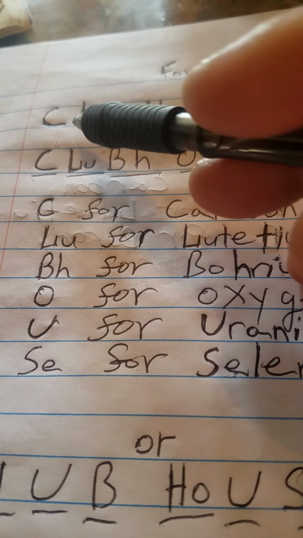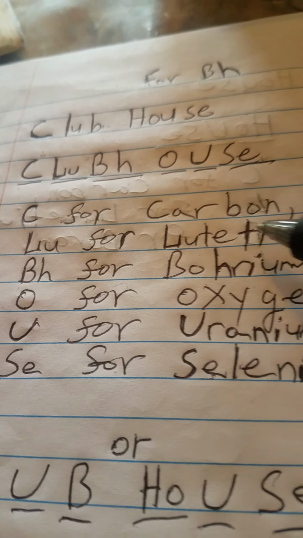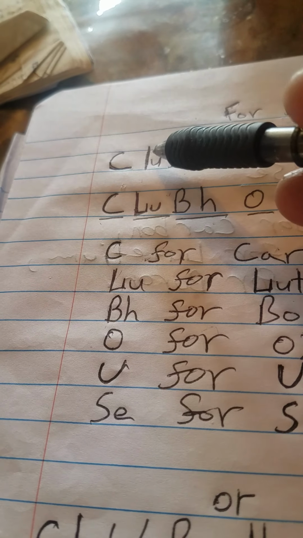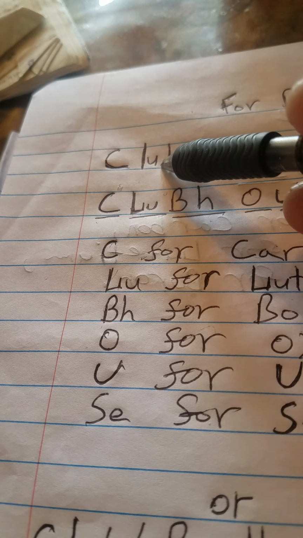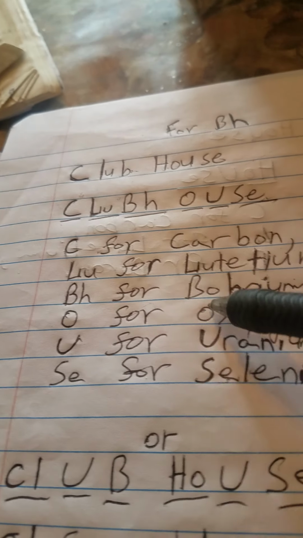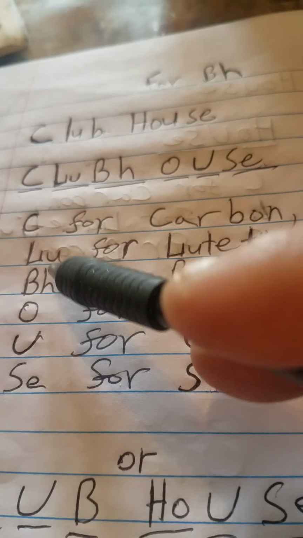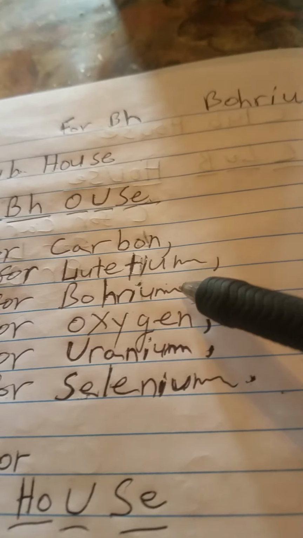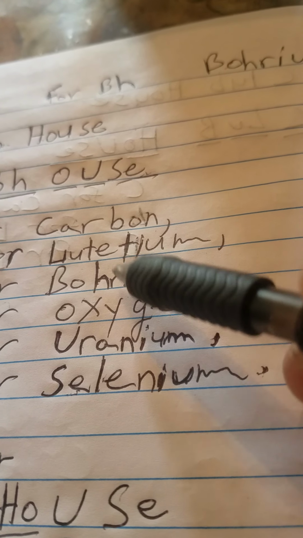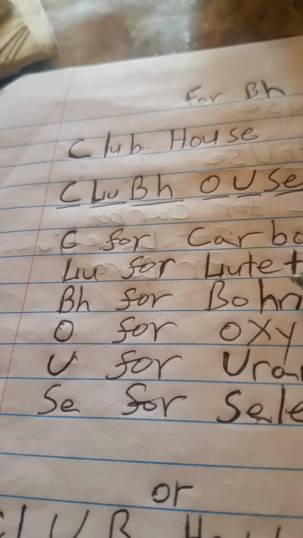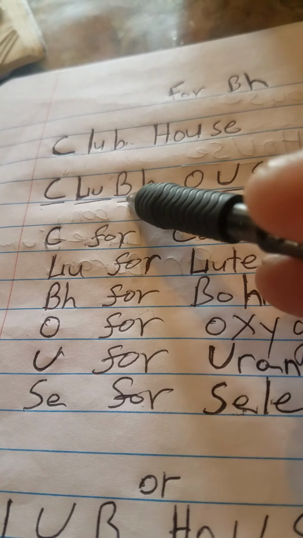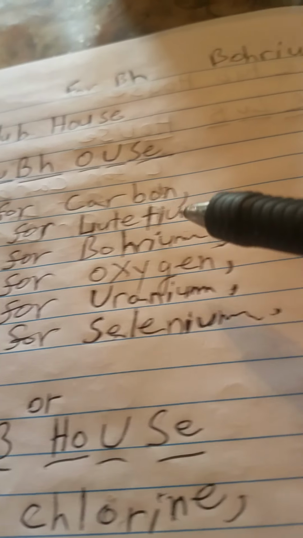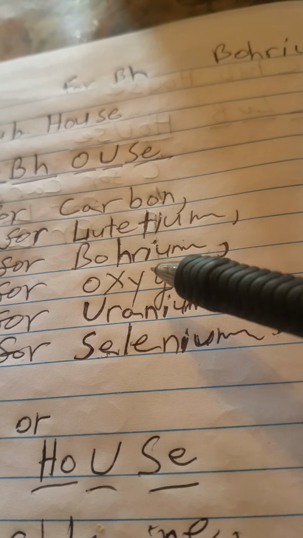Now, we've got a capital C for carbon. We took the small l and made it a capital L, and we take a small u: capital L, small u for Lutetium. Then we've got capital B and the small h for Bohrium.